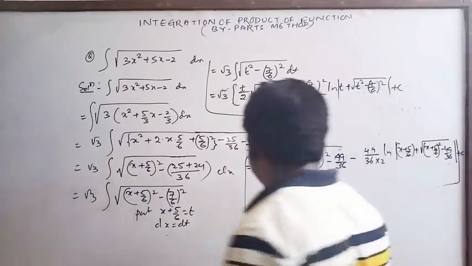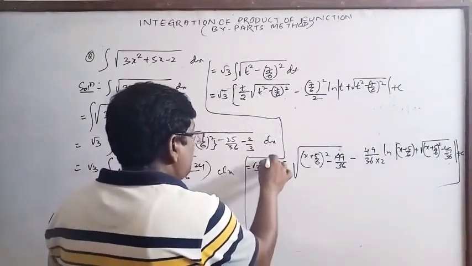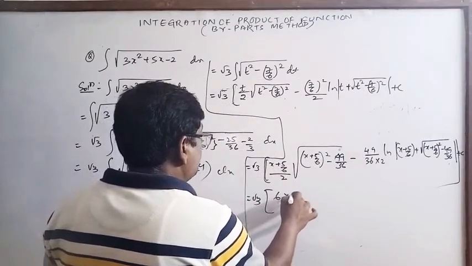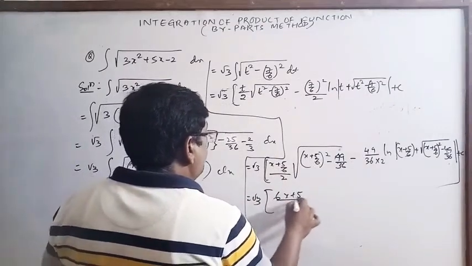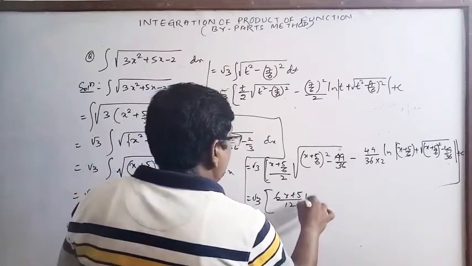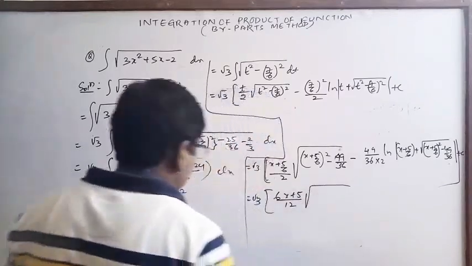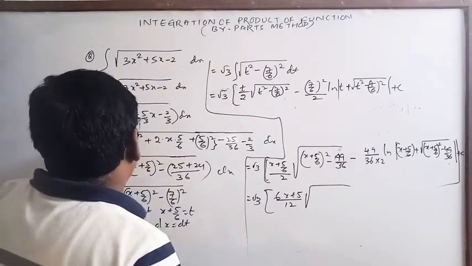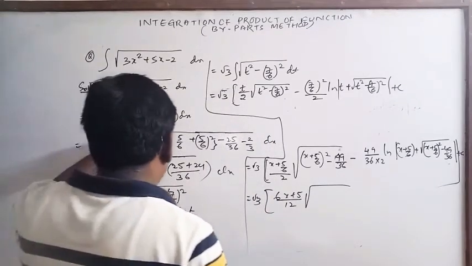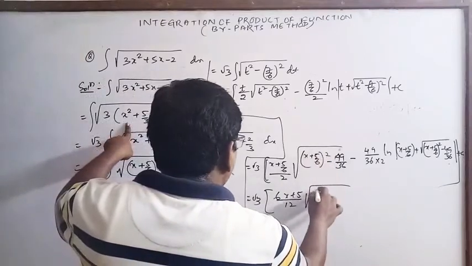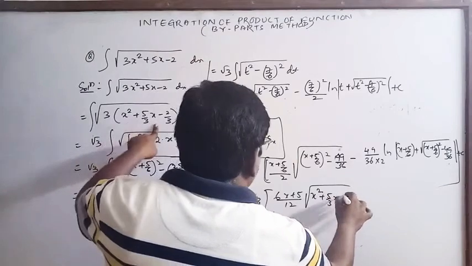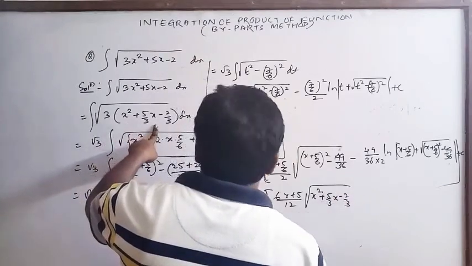This is equal to root 3 into (6x plus 5) divided by 12 and root over, this is simplified, x square plus 5 by 3 x minus 2 by 3.